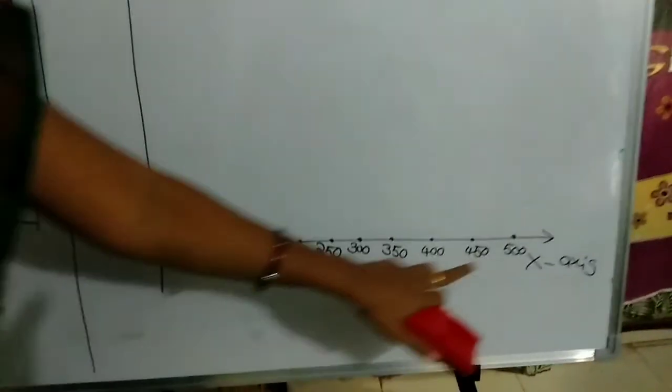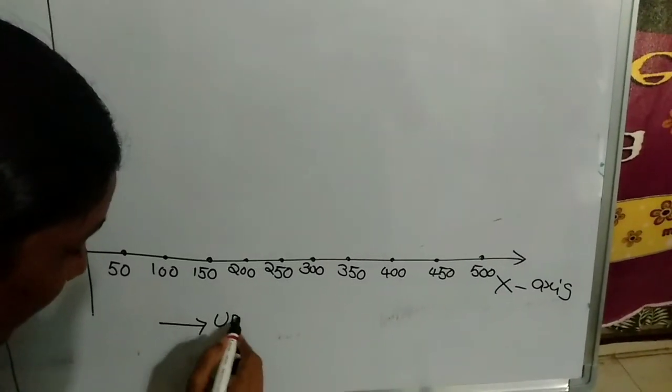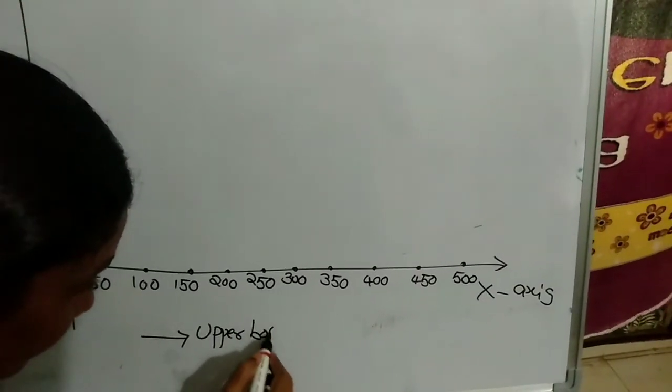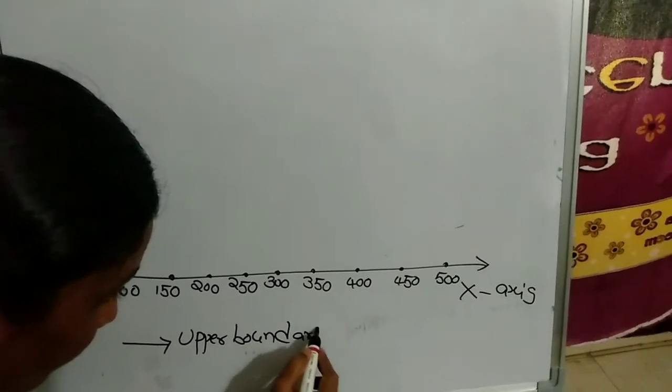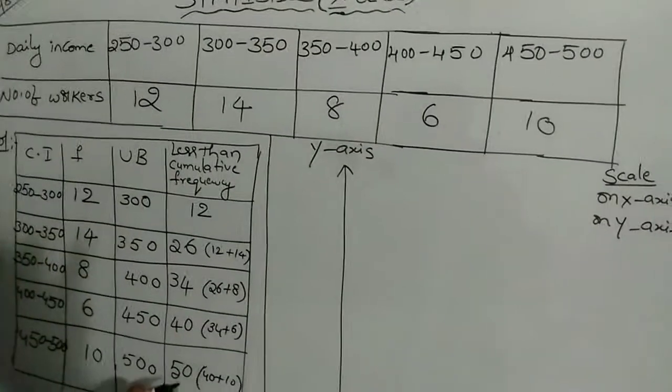The last upper boundary is 500, so I have to write 500 here. So on this x-axis we take the upper boundaries of each class interval. On the y-axis, the cumulative frequency begins with the least number 12 and ends with 50.